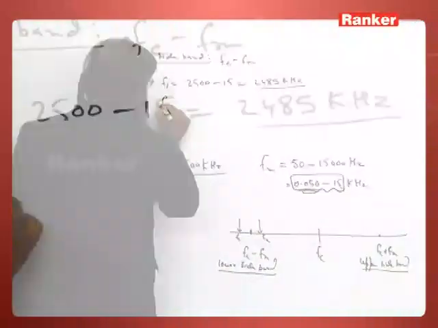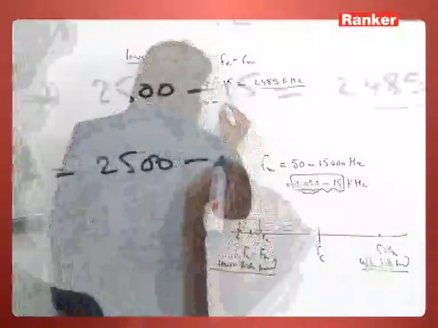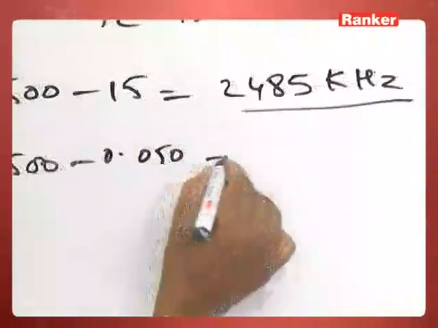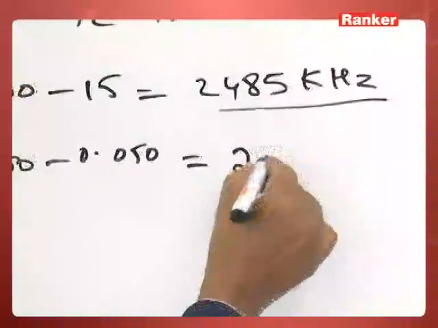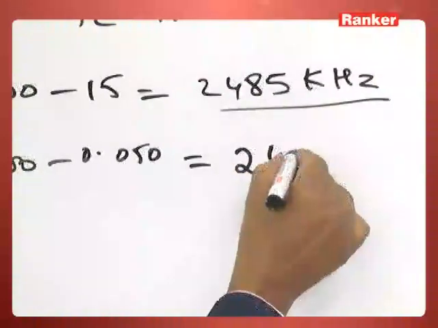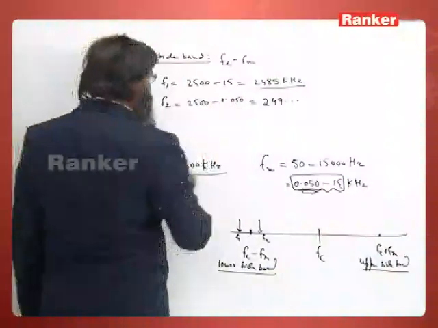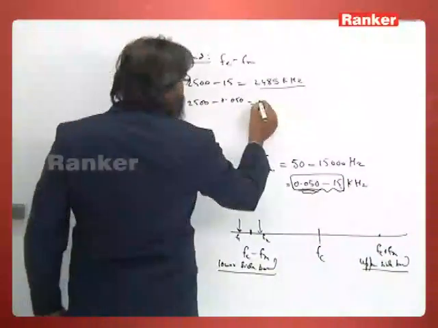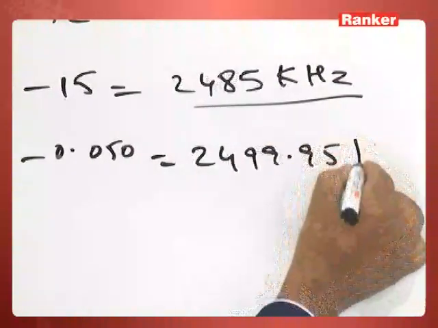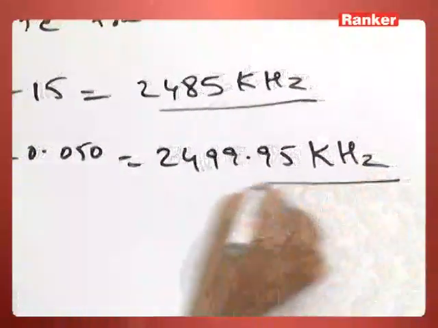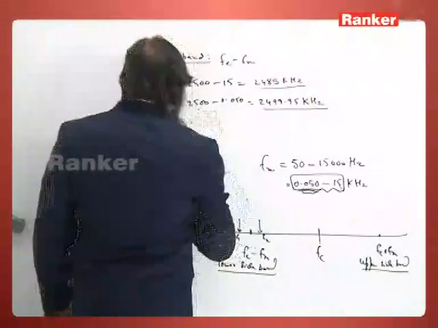Next, F2 is equal to 2500 minus 0.050, which comes out to be 2499.95 kilohertz.